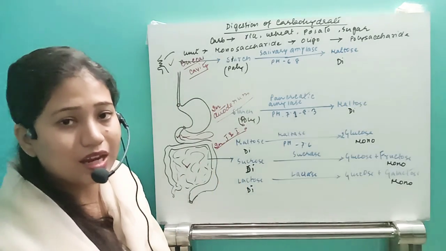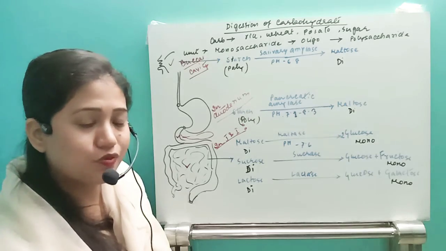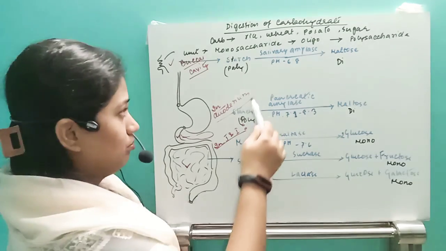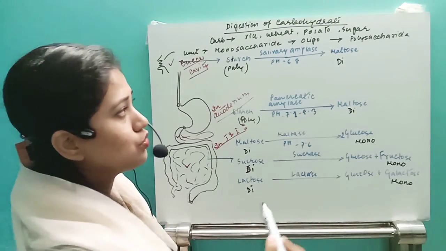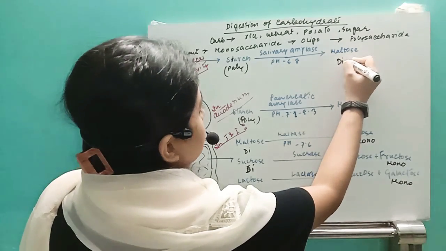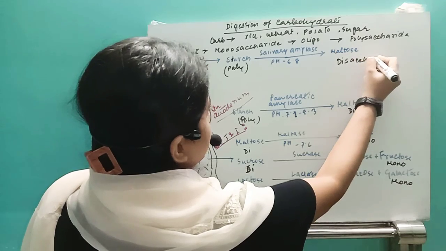I already told you that the salivary amylase released from the salivary glands at pH 6.8 will convert the starch into maltose, which is a disaccharide, right?